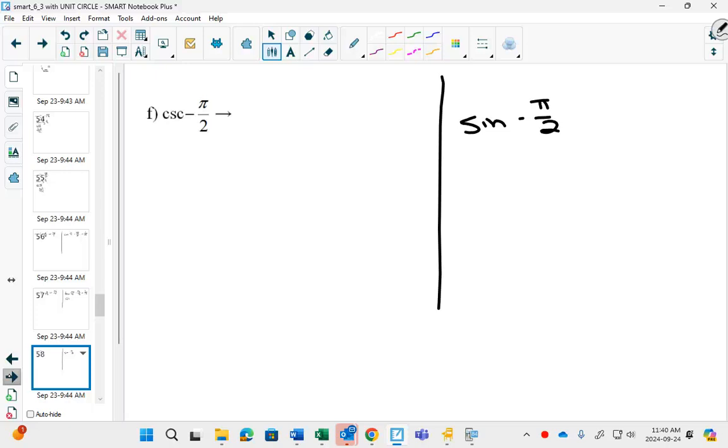So sine of negative pi over 2 is negative 1. And so cosecant will be 1 over negative 1, which is just still negative 1. But it's still the reciprocal. Again, it's the answer that gets flipped, not the angle.